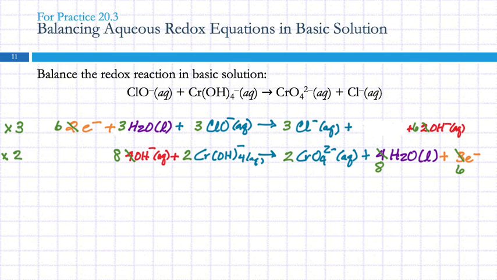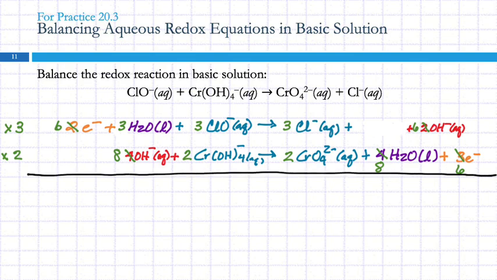So now we can add these guys together. I have my 6 electrons here and my 6 electrons over there, right? So those go away. What else can I simplify?